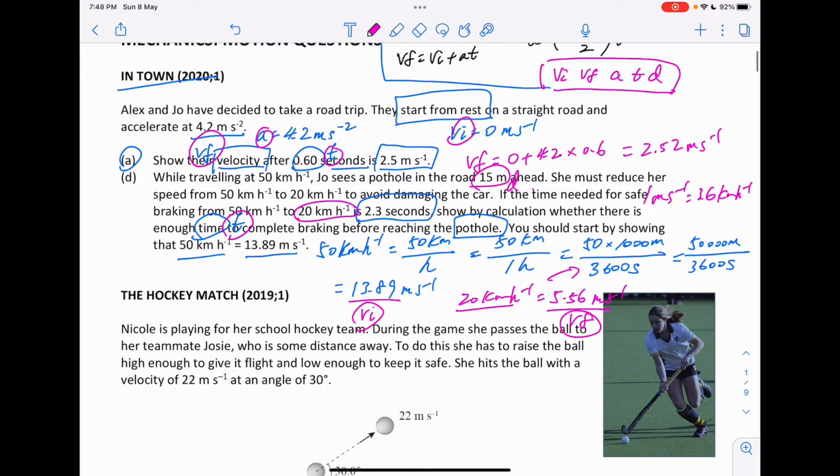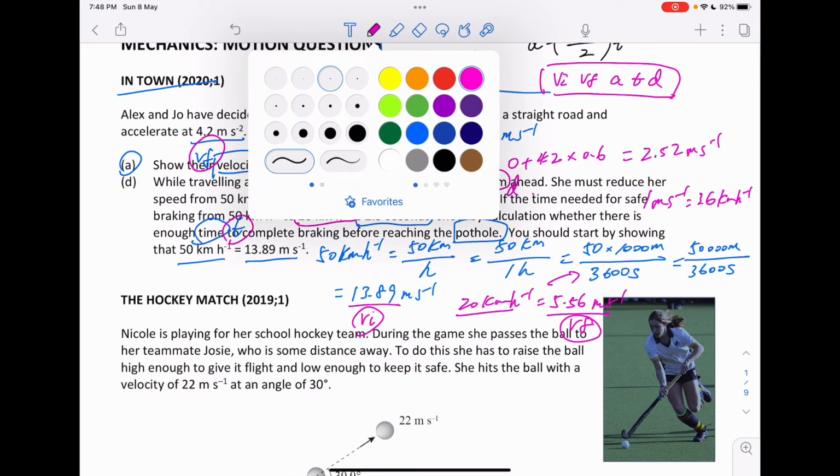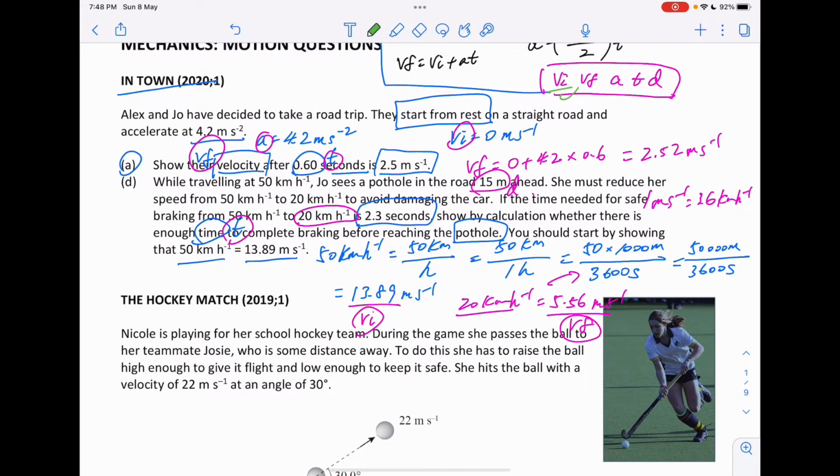Now we can see what we have, okay? We have VI, 13.89. VF, what is that? 5.56. A, we don't know, so which means we don't need it. D, yes, we do have it.